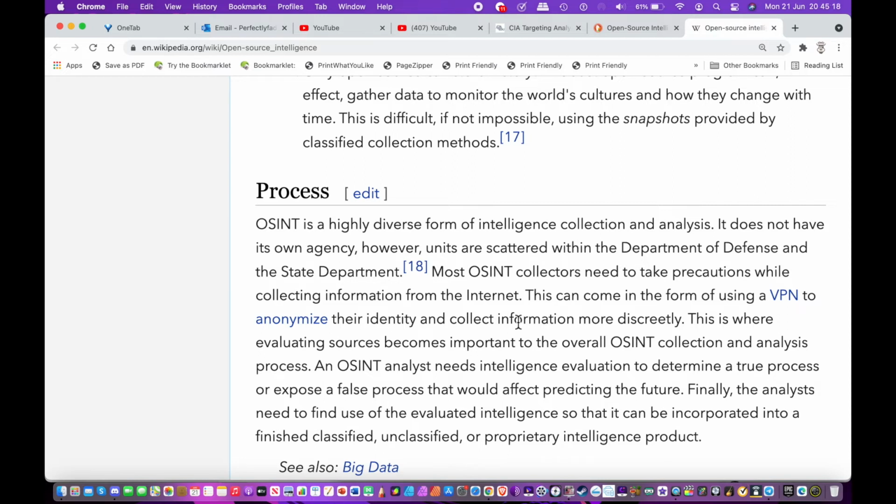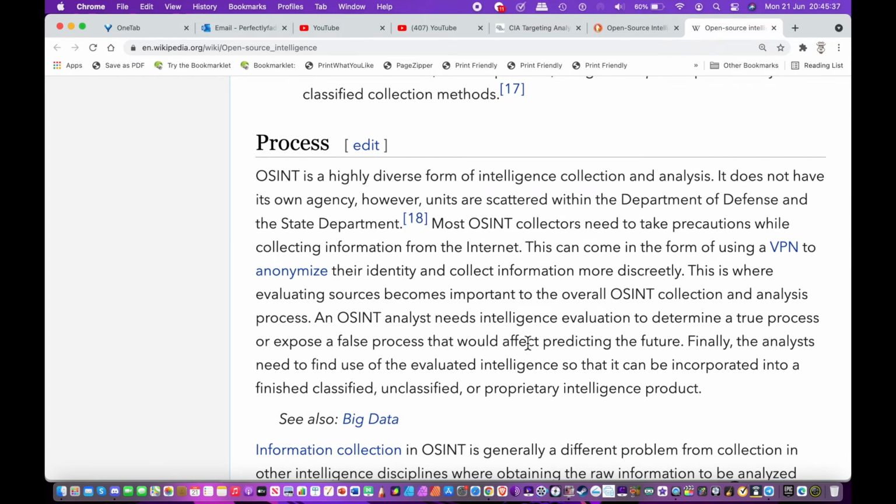Okay, process. OSINT is a highly diverse form of intelligence collection and analysis. It does not have its own agency. However, units are scattered within the Department of Defense and the State Department. Most OSINT collectors need to take precautions while collecting information from the internet.